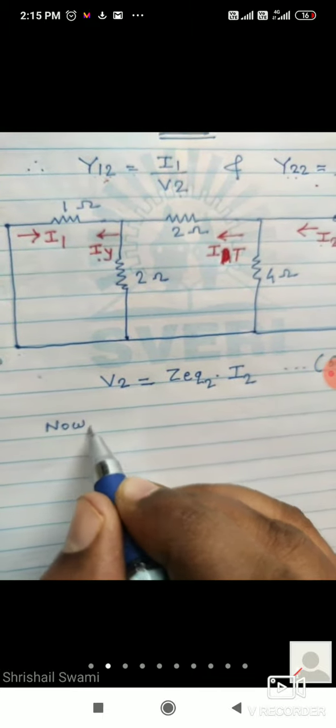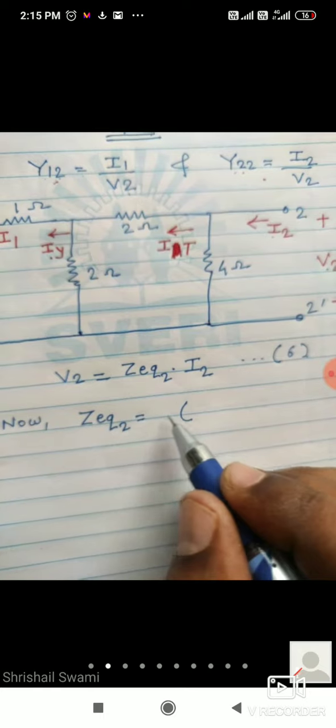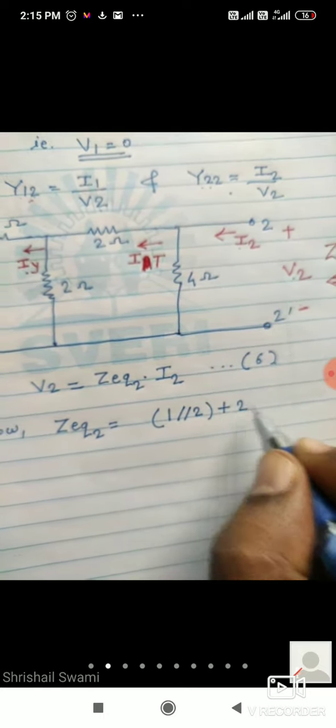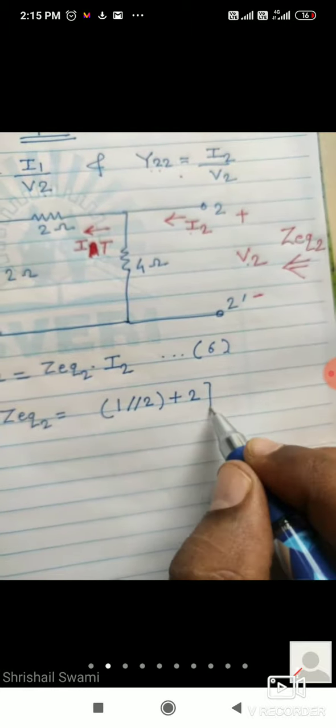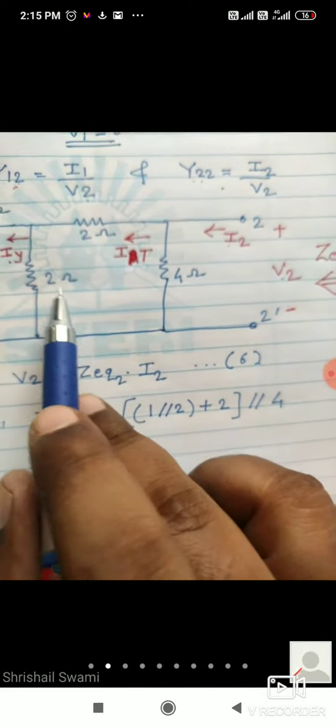So now Z equivalent is equal to, how they are connected? 1 parallel with 2, that is in series with this 2. Then make a bracket, and that is in parallel with this 4. In this way you have to write. थोडा space ठेवायचं. 1 and 2 are in parallel, that you can write in one bracket. That is in series with this 2 and that is in parallel with 4. असं observe करायचं. Observe from opposite side.